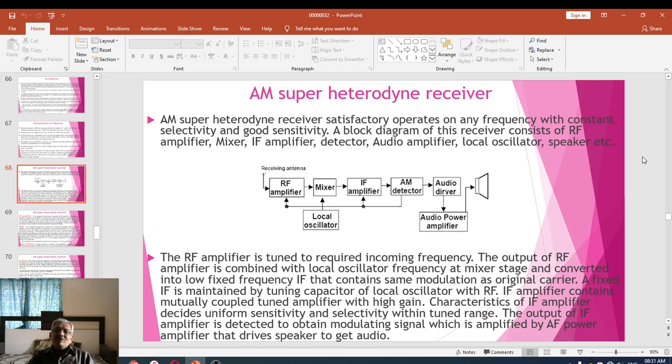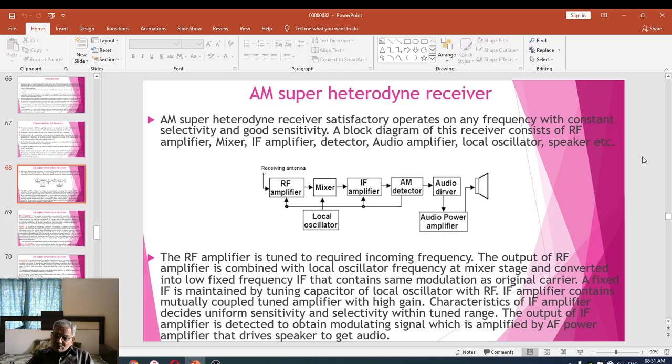That works on super heterodyne principle, and the principle is that when it receives the two frequencies, say F1 and F2, both are going to beat with each other, and at the output 4 frequencies are generated.